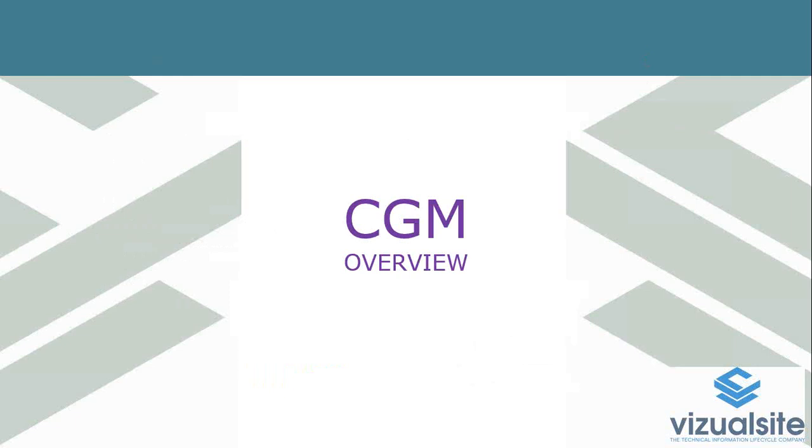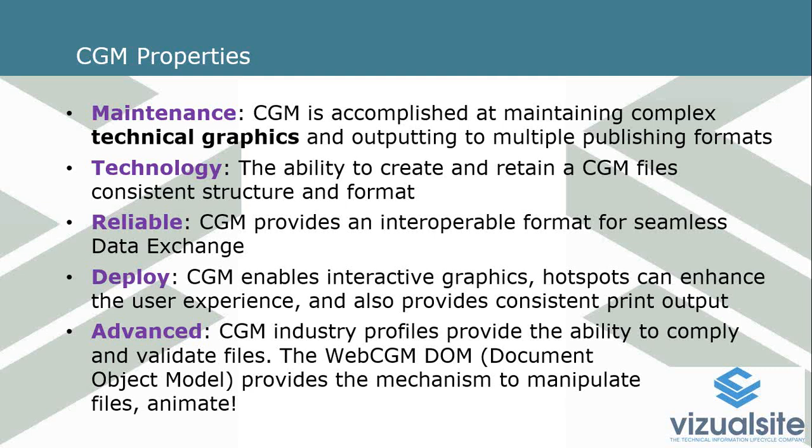So firstly, I just want to cover in more detail the CGM file format. What I've tried to do is split this into categories, and then do the same thing with SVG, so we get some kind of comparison. So firstly, maintenance. CGM is very accomplished at maintaining complex technical graphics and output into multiple publishing formats. I don't think there's any dispute about that.